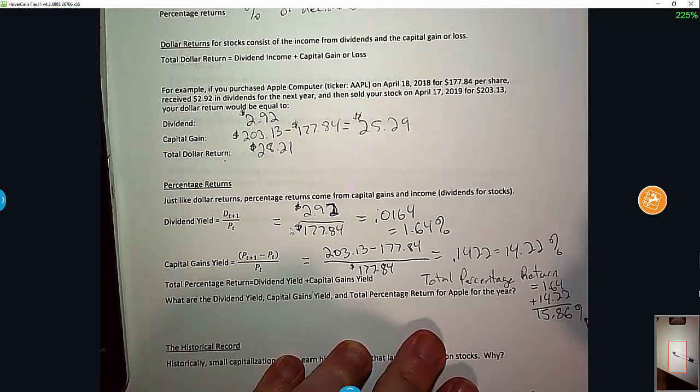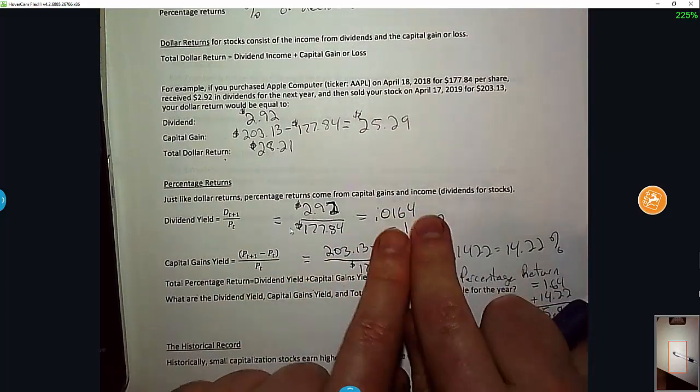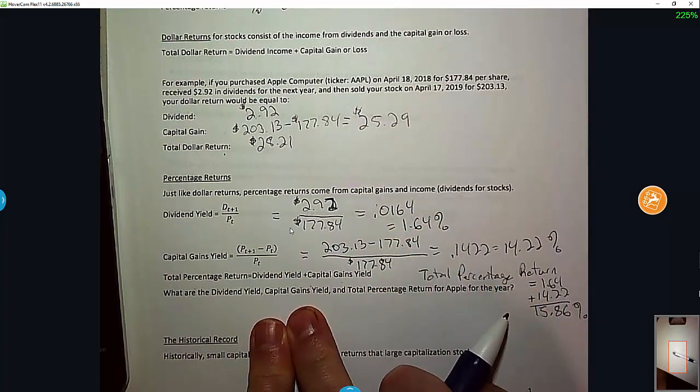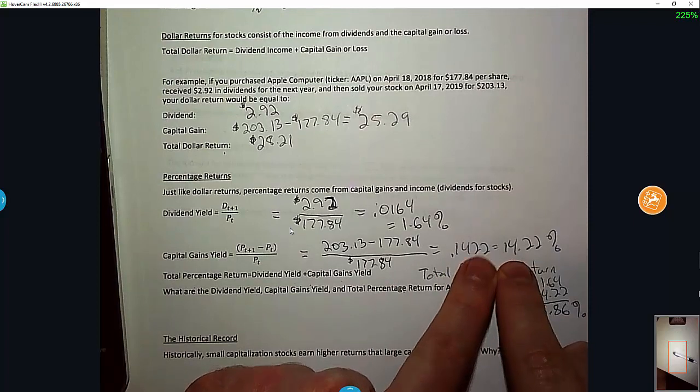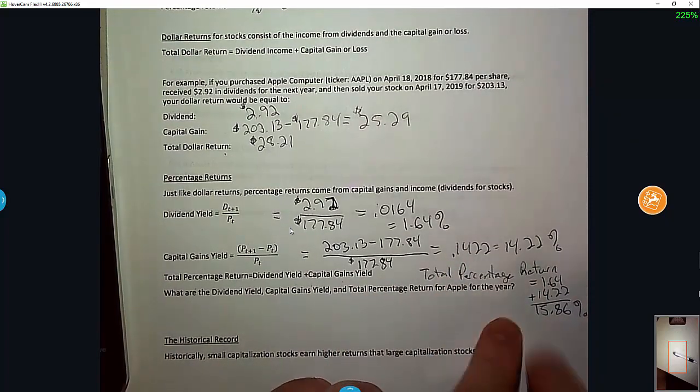So our total return is 15.86%. So the dividend yield is 1.64%, the capital gains yield is 14.22%, and our total percentage return for Apple for the year is 15.86%.